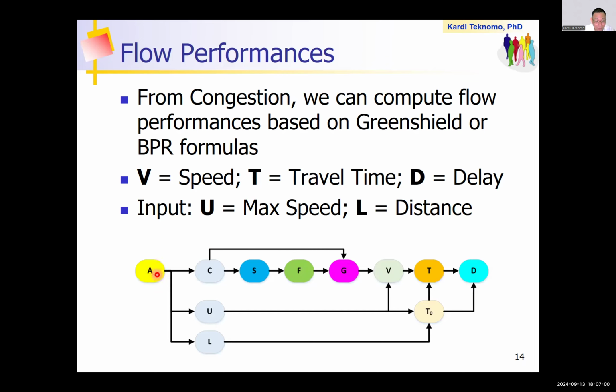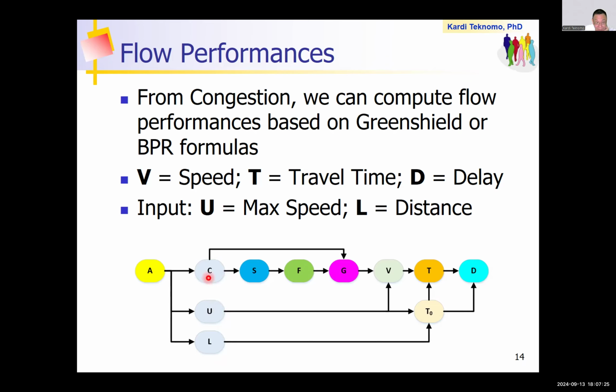From the network, you will know the capacity. U here is the matrix of maximum speed. L is the matrix of length. A while ago, I assumed 1. Here I assume like 40 or 60 kilometers per hour, but you can set different values for each link.